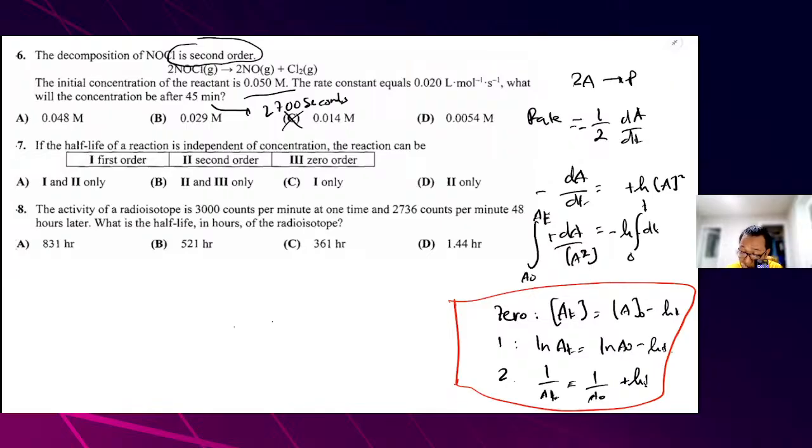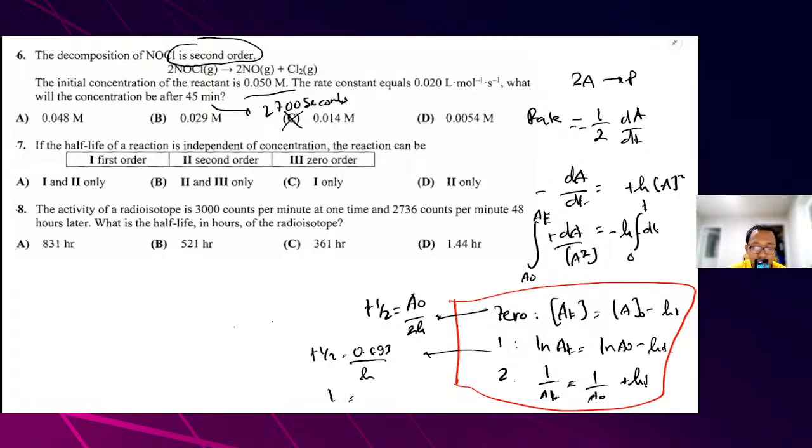And then a0 over 2k. And for this one, 0.693 over k, this is for half-life, okay?